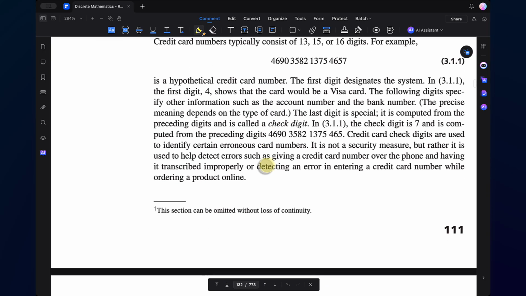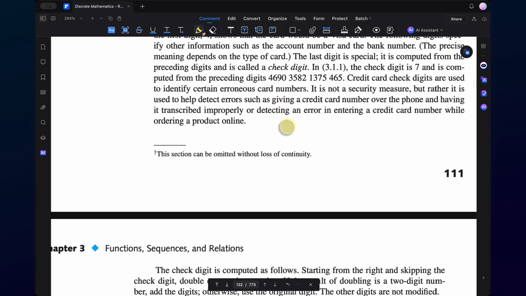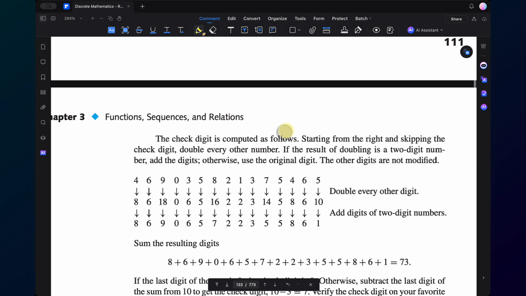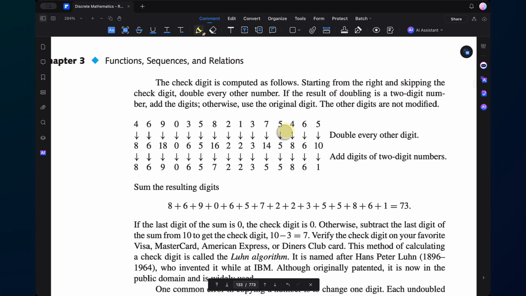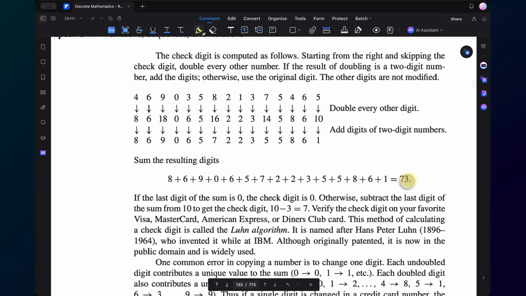It's a way to verify whether a particular credit card is valid or not. They take the numbers of the credit card, double them, add them together, and you get some number. It says here if the last digit of the sum is zero, then this thing called the check digit is zero.